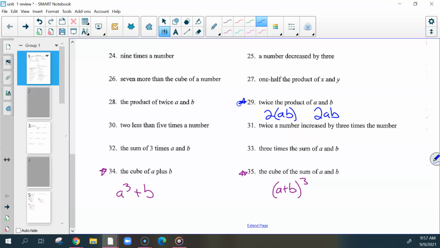The sum of 3 times A and B. So I'm adding these 2 things together, but I'm also multiplying these 2 things together. How would I write this? What 2 things am I adding together?